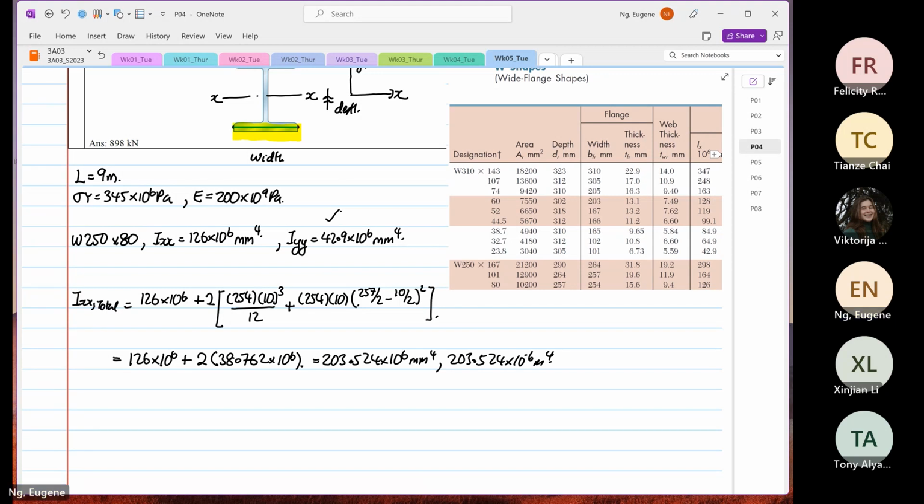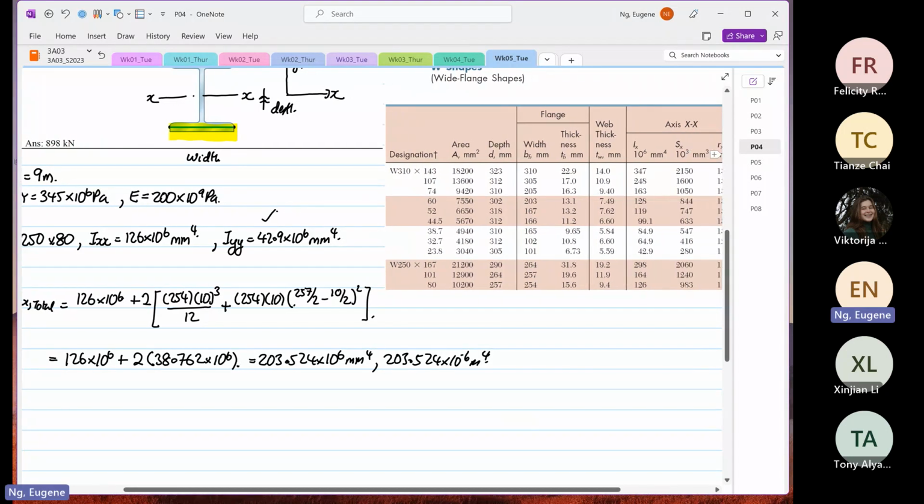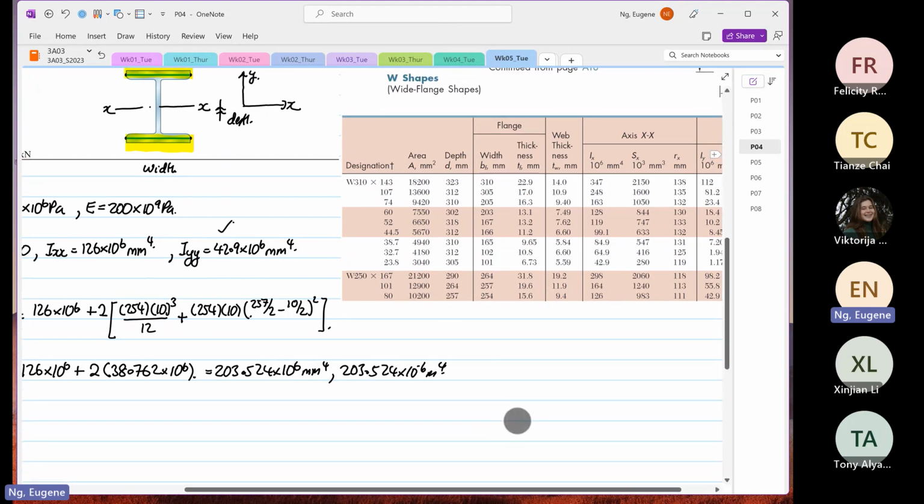Then we go for, did I do it right? Somehow the book is different. Let me see what is different. The width is 254. The depth is 10. And then 257 divided by 2 minus 10 divided by 2, 254, 10.